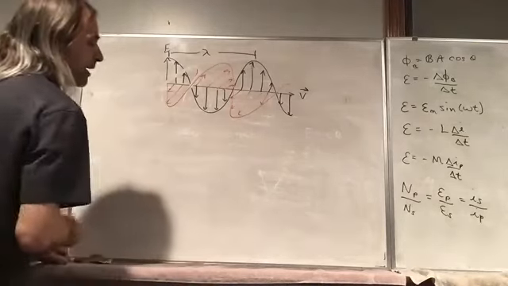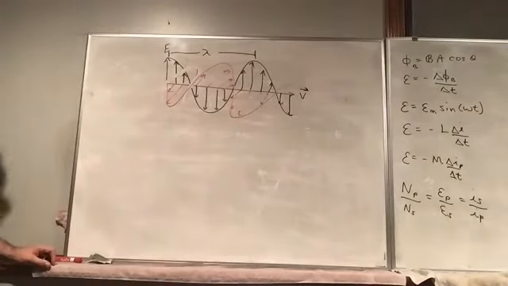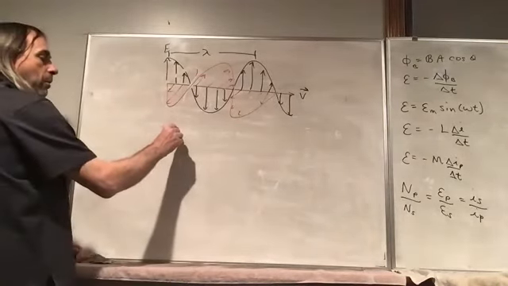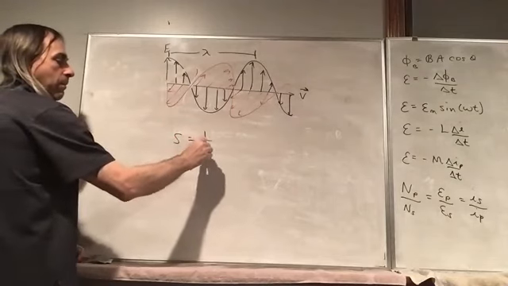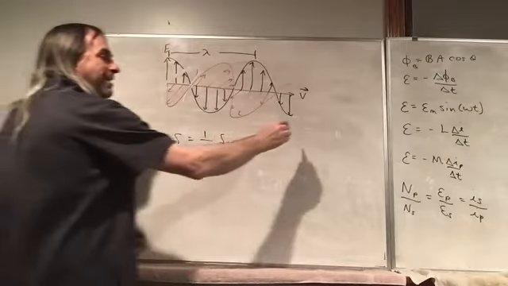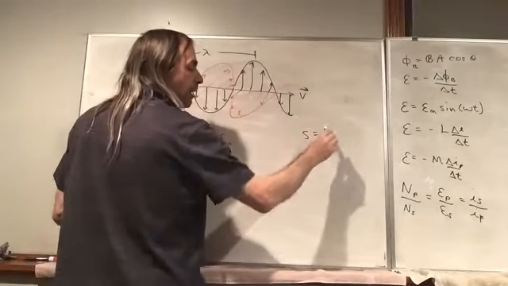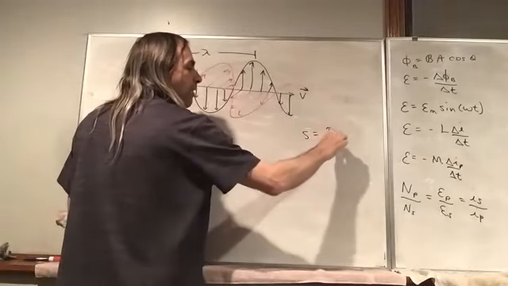So if we have a polarizing sheet, and we shine unpolarized light through it, intensity is power over area.